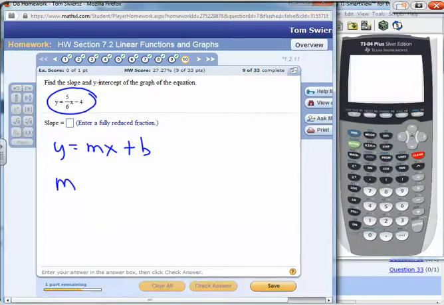So the multiplier of x is 5 over 6, that's your slope, and you're going to put it in as a fraction, and the y-intercept is going to be, you're subtracting 4 there, so it's going to be a negative 4.